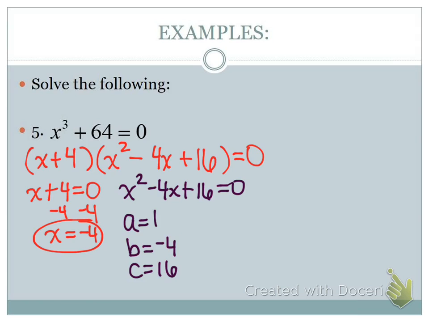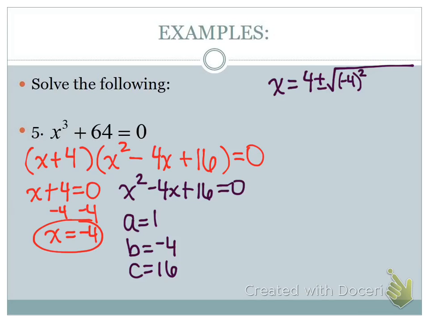All right, and then to use the quadratic formula to solve, I'm going to come up here so I got a little space. X equals the opposite of B, or negative B, 4 plus or minus the square root of B squared. So we can just plug it in for now.